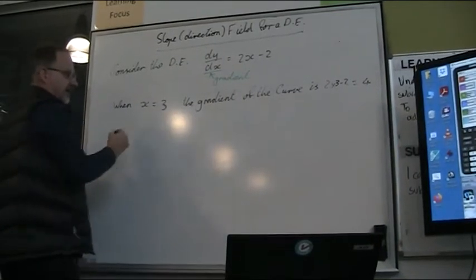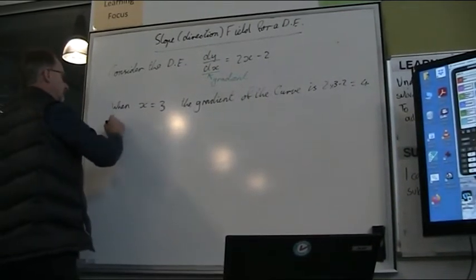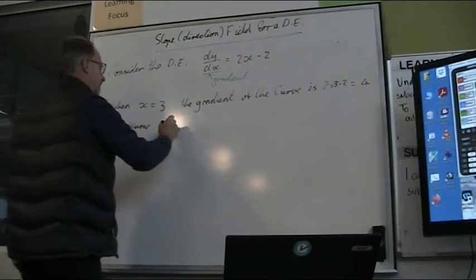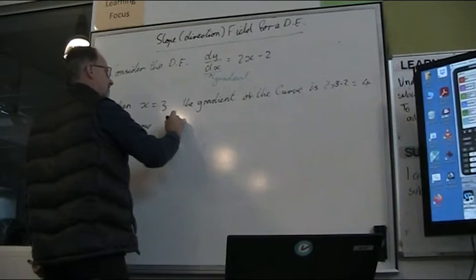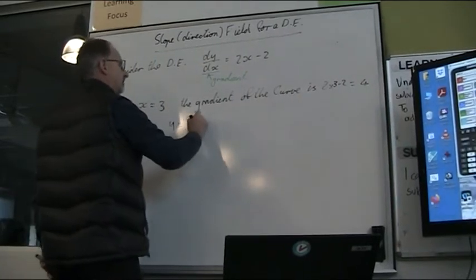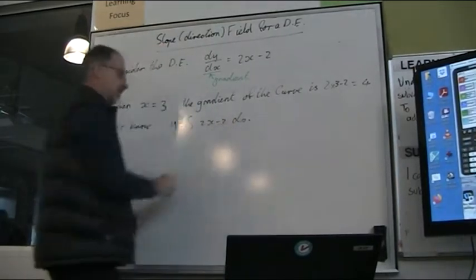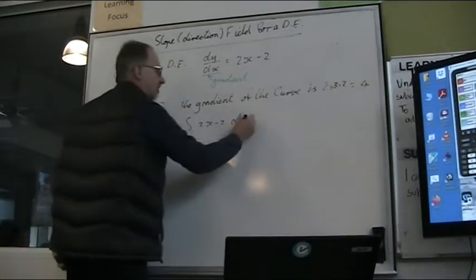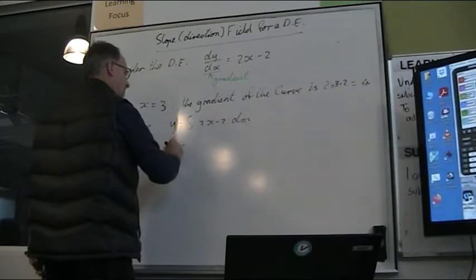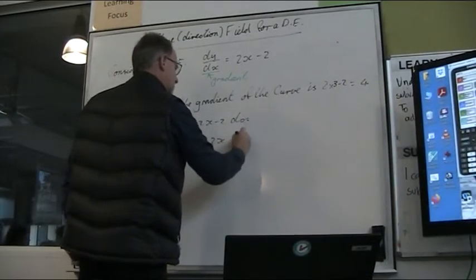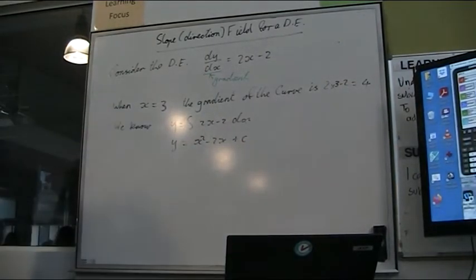What we also know is that if we anti-differentiate the 2x minus 2, we know that that would be x squared minus 2x plus some constant.